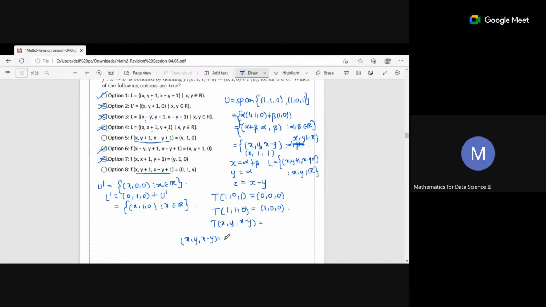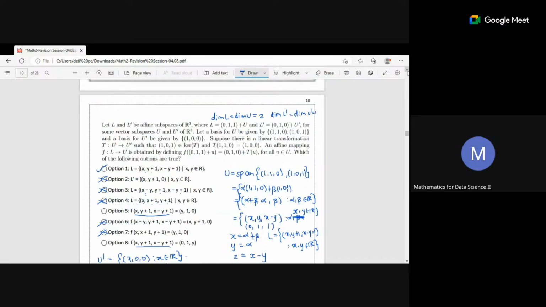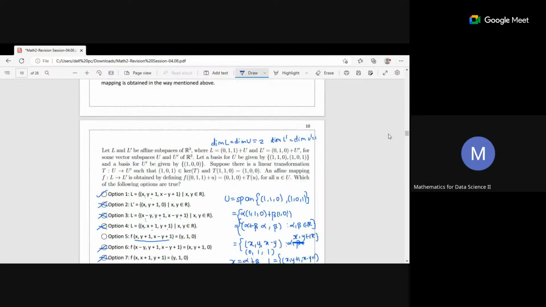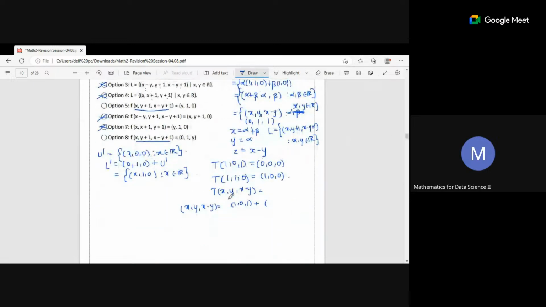x times (1, 0, 1) plus y times (1, 1, 0). Is it correct? I don't think so. Sorry, (1, 0, 1) minus... So what is your alpha and beta? Actually, I need to find. These are the basis elements for U, right? (1, 1, 0) and (1, 0, 1). So let us write alpha here and beta here.